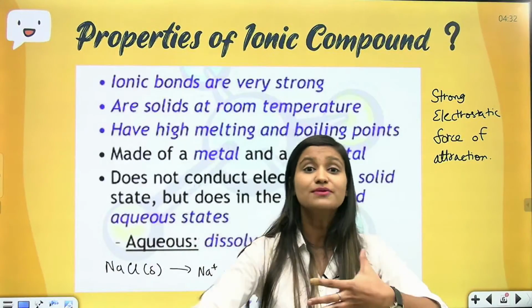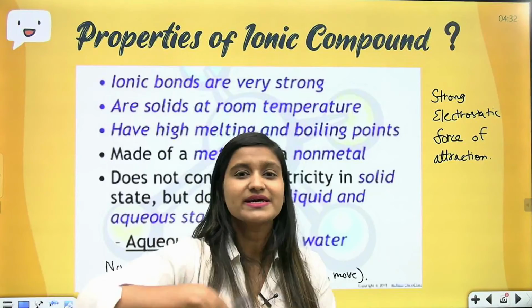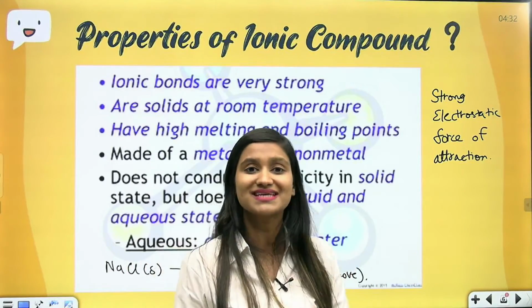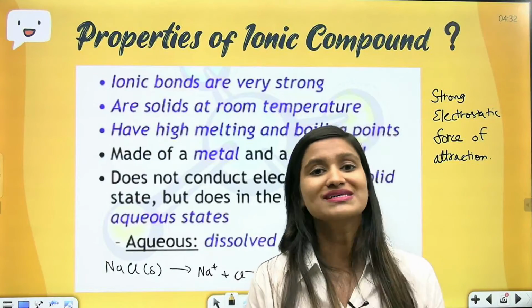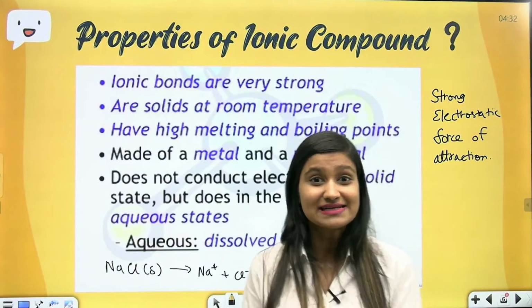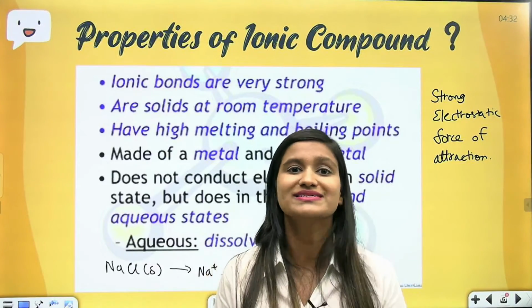But the moment you melt them, or in the aqueous form, it changes. What do we mean by aqueous form? It means they are dissolved in water. The salt in your home, NaCl, is not conducting in the solid state.